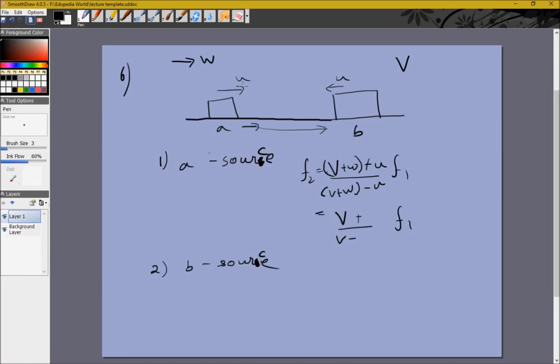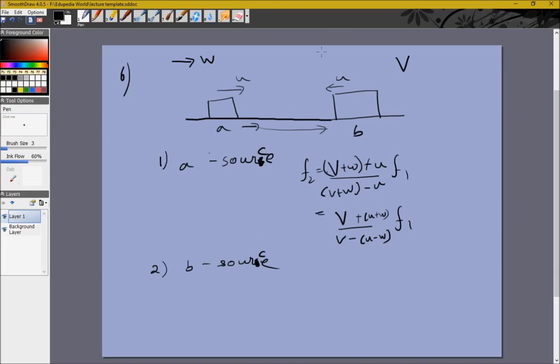It is going forward with the speed u minus w. So u minus w is the speed of the source. And the observer is coming towards with the speed u plus w in the frame of the wind, so plus u plus w. And you see that the equation in both cases is exactly the same. So you can solve these questions either in the ground frame or the air frame, it doesn't matter.